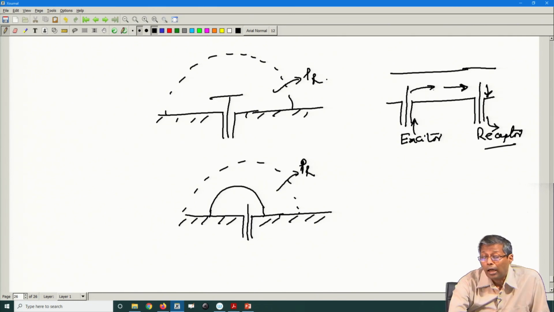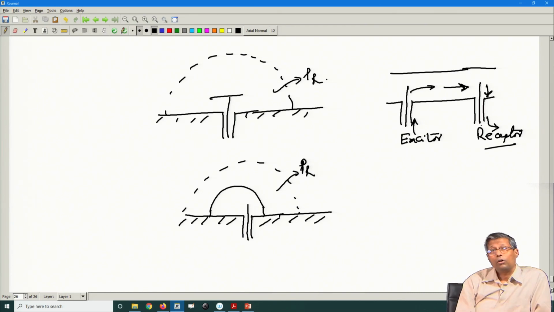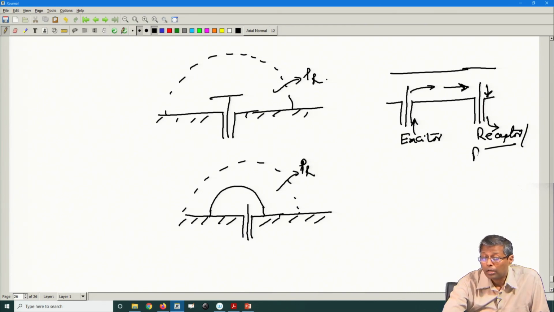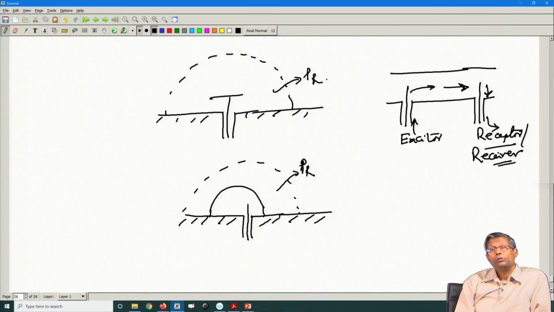Because if this receiver is there in the far field, I need to only calculate the radiated power from this probe. I do not care about its reactive part, because its reactive part does not reach this far field.